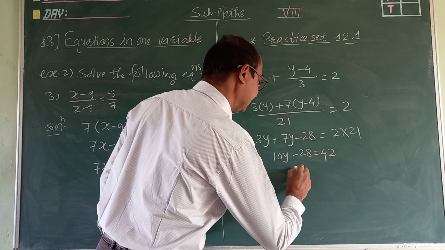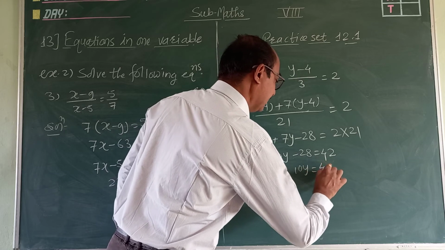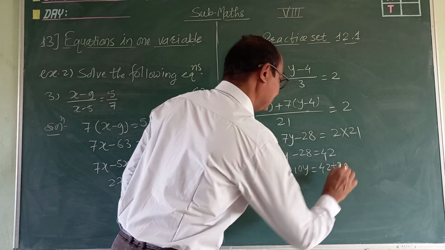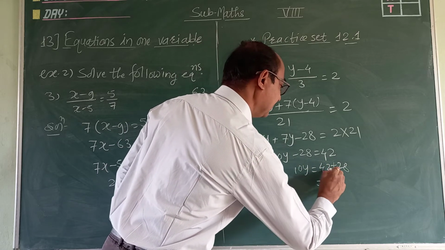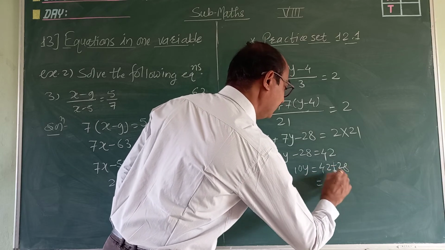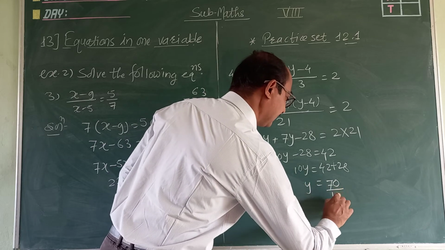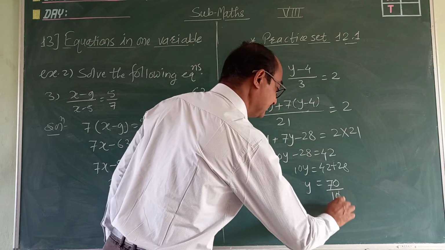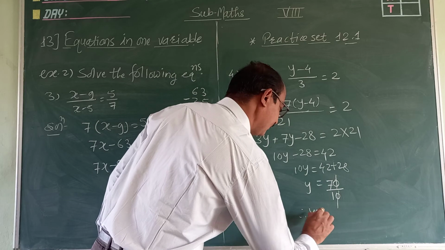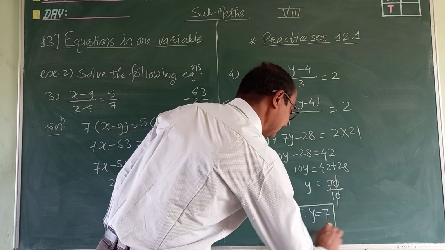Minus 28 goes to that side, plus. So addition is what? 8 plus 2, 10. 4 plus 3, 7. This 10 is multiplied; it goes to that side, divide. 0 0 cut. Therefore y is equal to 7.